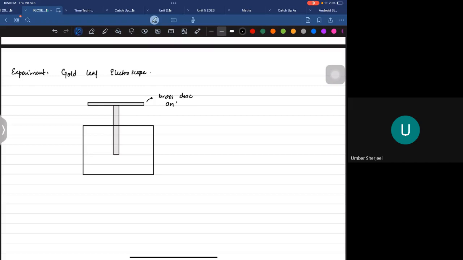Disc and rod. On the side of it, we have a sort of a gold leaf. When we say gold leaf, it's basically made of gold, but it's very thin. Or we can basically draw it here. In fact, that would be better. There is a gold leaf like this, two pairs.